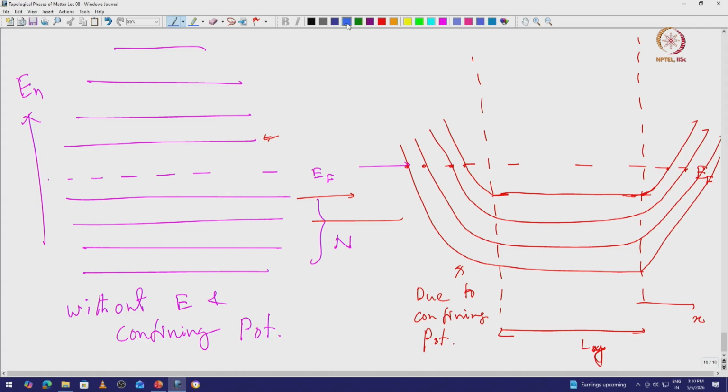Now, because of the electric field, there will be a tilt, from one side to another side, so this side will be less filled and this side will be more. Okay.